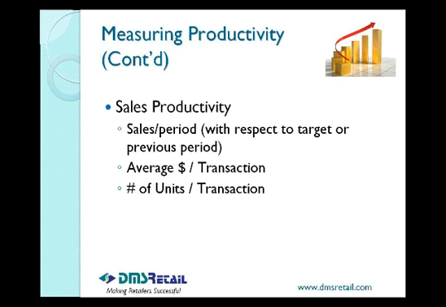And the last one I put here, obviously, we go to many other KPIs when time permits, but the third very important one is number of units per transaction. Very similar to average dollar per transaction, but it's not the same. In this case, we're talking about how many units we're able and capable of selling to the same customer, which means accessorizing the sale or selling related items or even unrelated items.